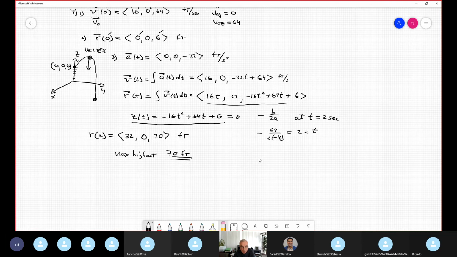Entonces sí, you solve the quadratic equation. Minus 16 t squared plus 64t plus 6 equal to 0. I don't want to explain the quadratic equation. No? I suppose that you know very well. And the answer is t approximately 4.09 seconds.